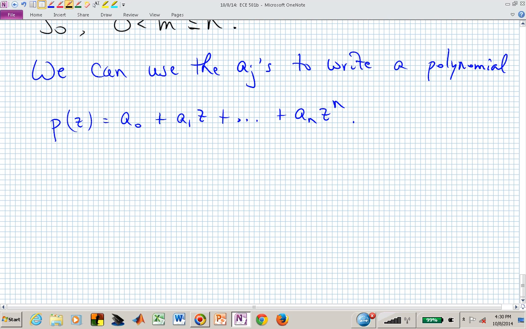If we have an nth order polynomial, what do we know about that if these coefficients are complex?